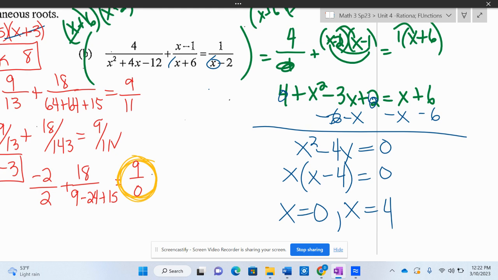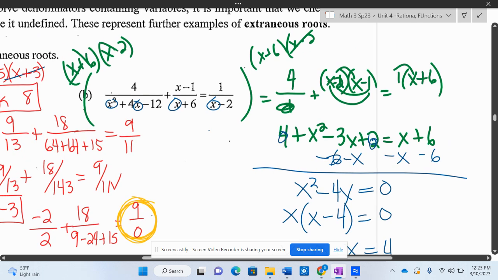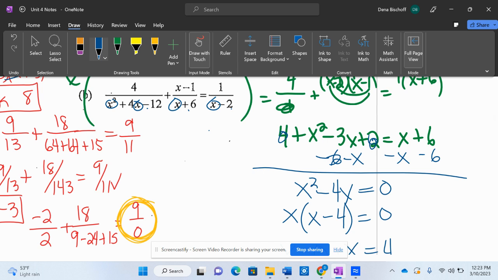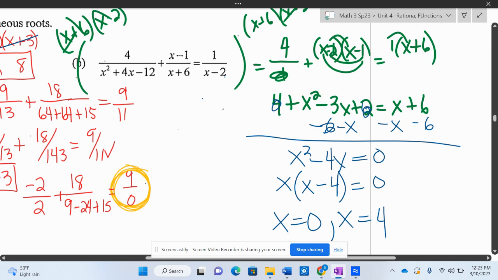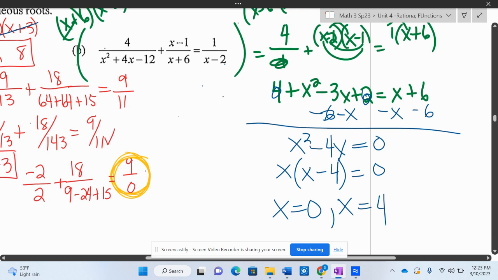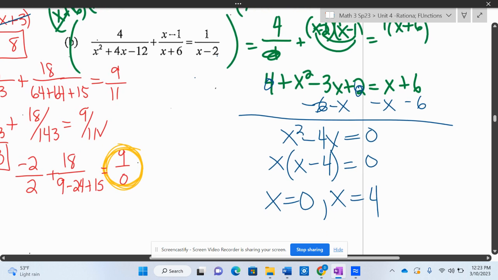If I let x equal 0 here, here, or here, am I going to get a 0 in the denominator? No, this is going to give me negative 12, positive 6, negative 2. Okay, so what about the 4? If I let x equal 4, am I going to get a 0 here? Nope. Here? Nope. Here? Nope. So pretty sure that this does not have any extraneous solutions.